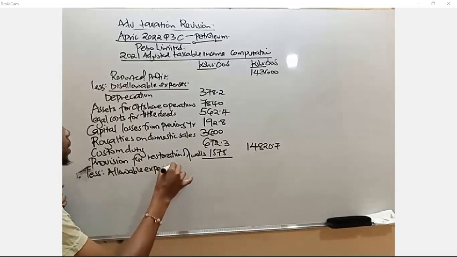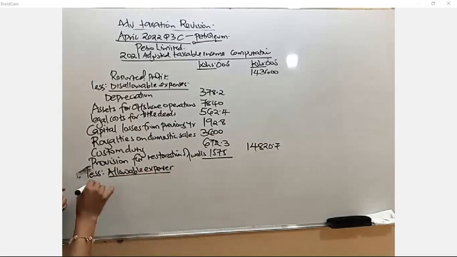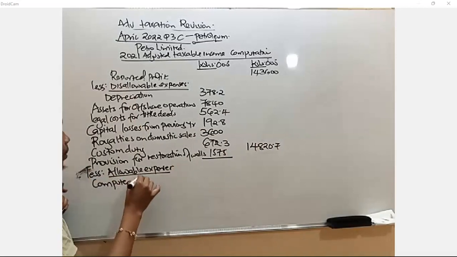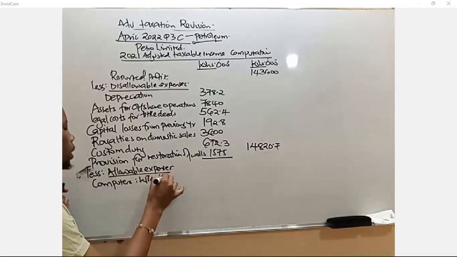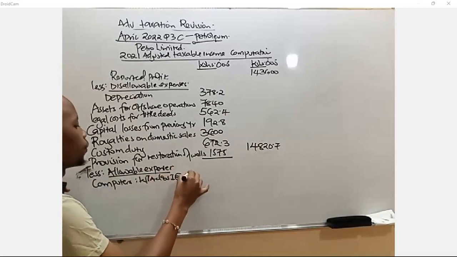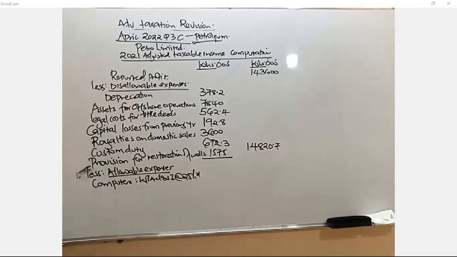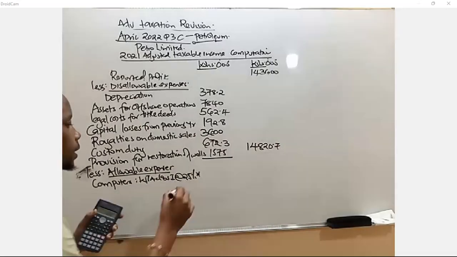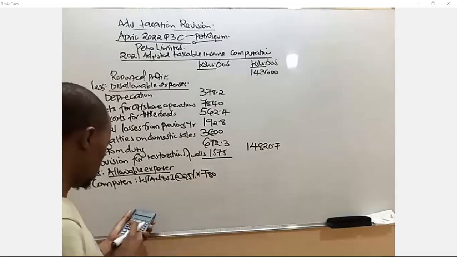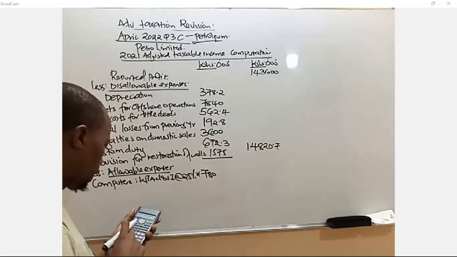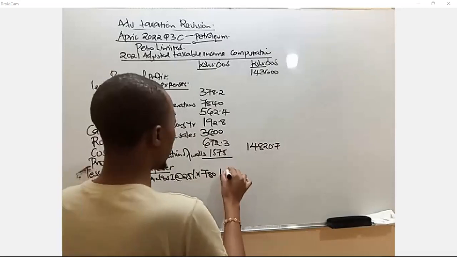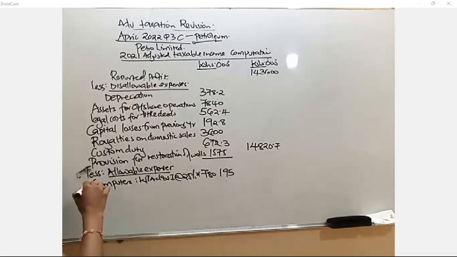One of the allowable expenses is additional notes 3 and 4. So we start with the computers, which normally qualify for WTA class 1 at the rate of 25%. 25% of how much? As per additional number 3, 780. So 0.25 times 780, getting 195. Then after the computers, we have computer software.